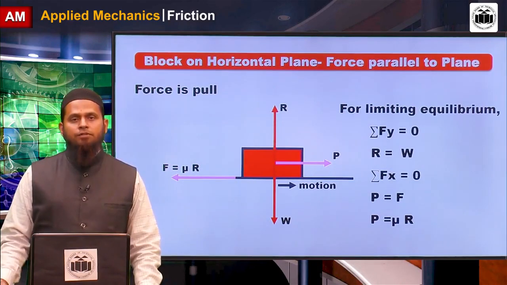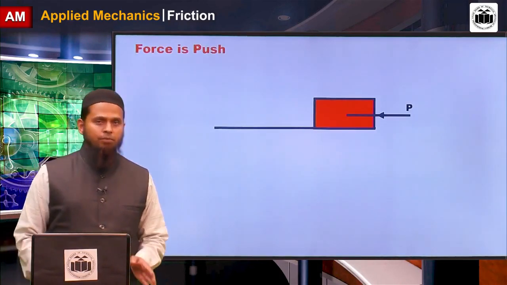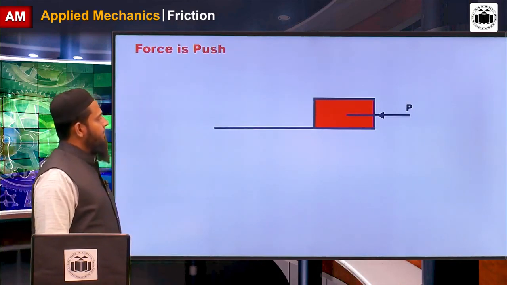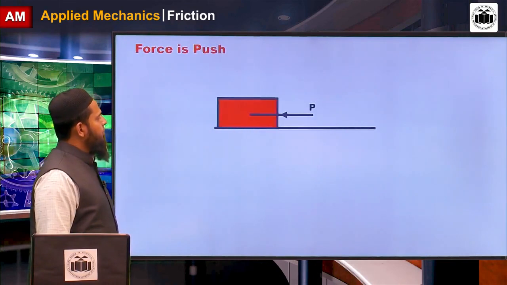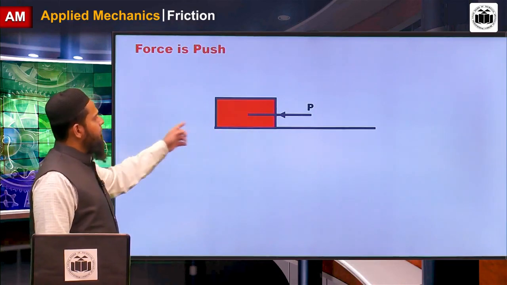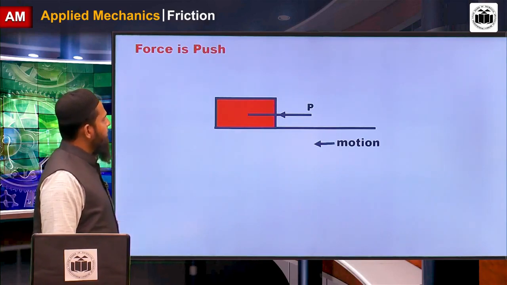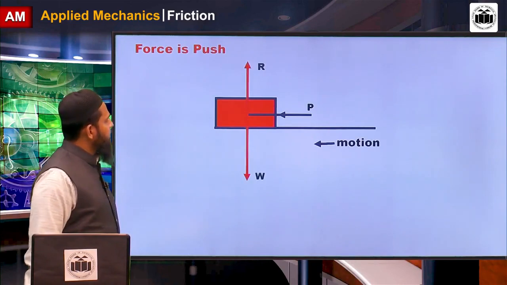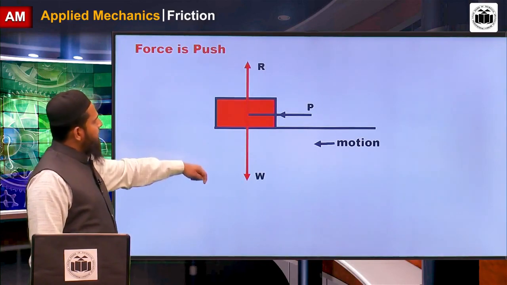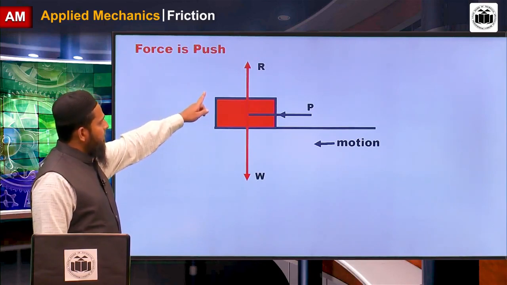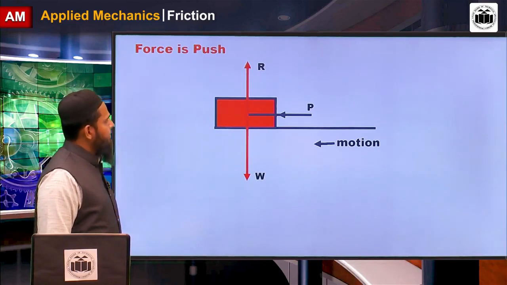Now the same block, but the force is now push. What is the motion of the block? It is in the direction of push. Now, free body diagram of this: motion is in this direction, self weight vertically downward, which is balanced by this R, means normal reaction.